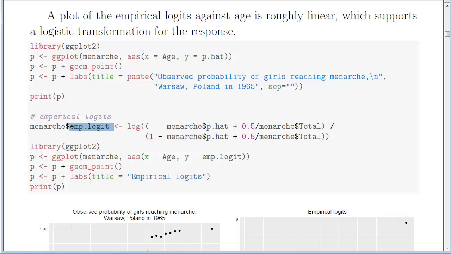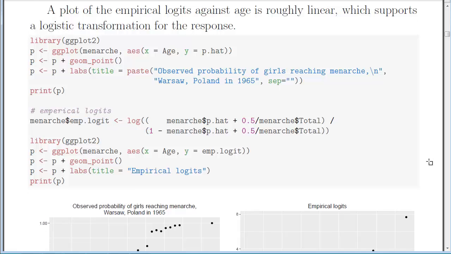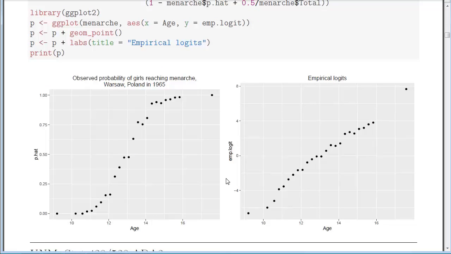So I'm going to call that empirical.logit, and that is the second plot over here, the empirical logits. 0 here is when the probability equals 1/2.